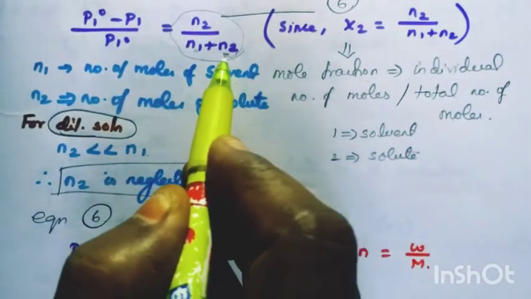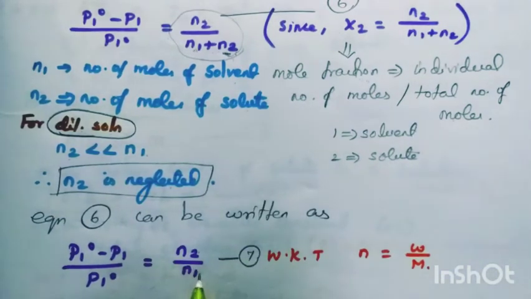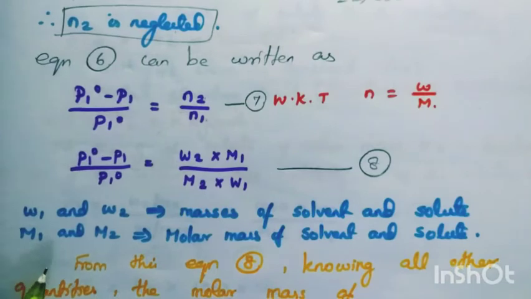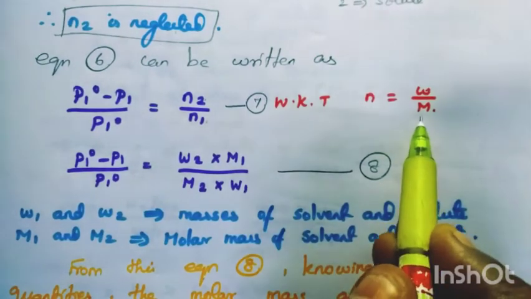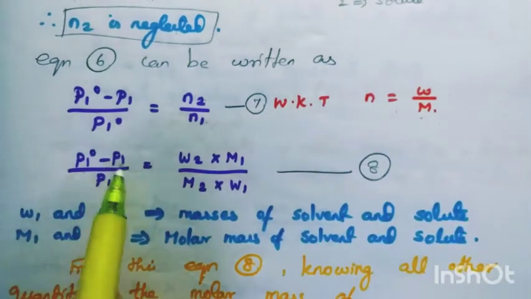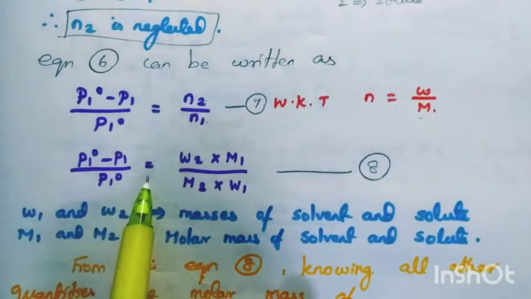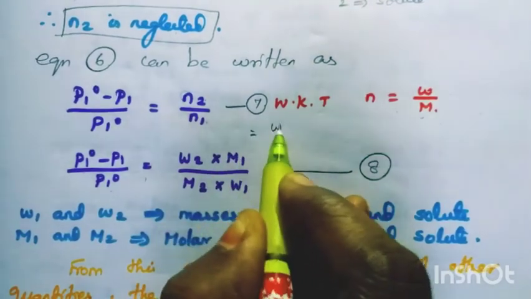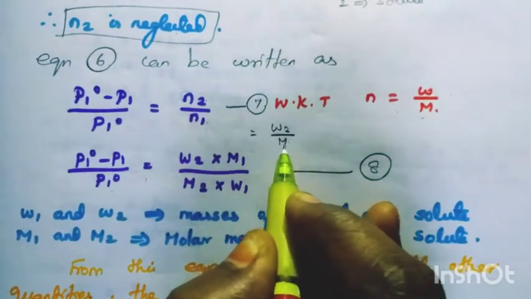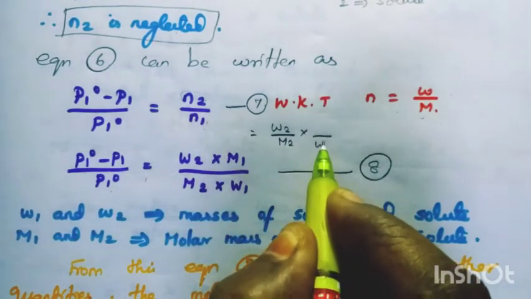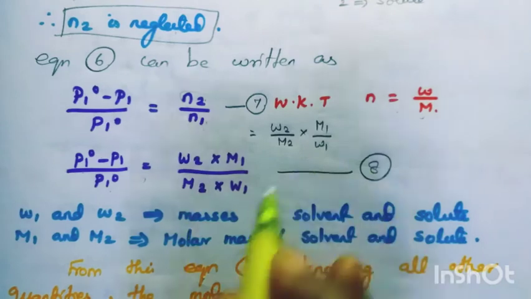So neglect this n2, and we get n2 by n1. We know that n is equal to W by M: number of moles is equal to mass by molecular mass. So P1 naught minus P1 by P1 naught is equal to n2 by n1, that is W2 by M2 divided by W1 by M1, which can be written like this.